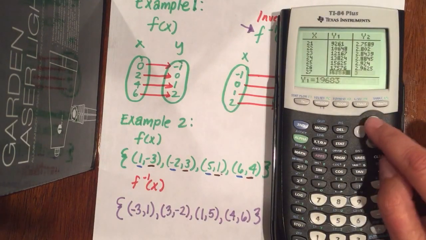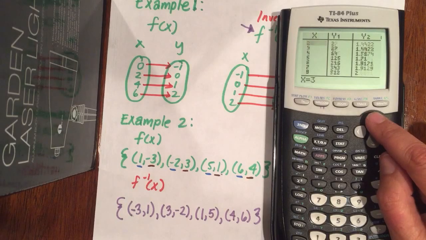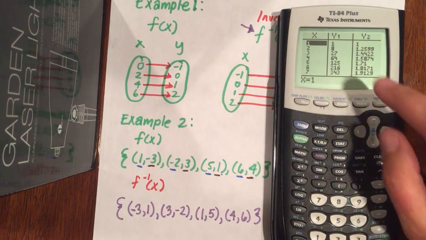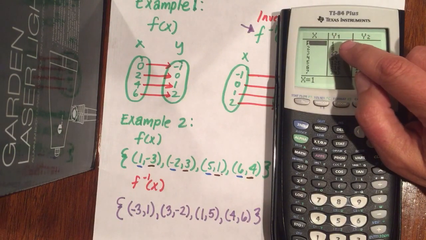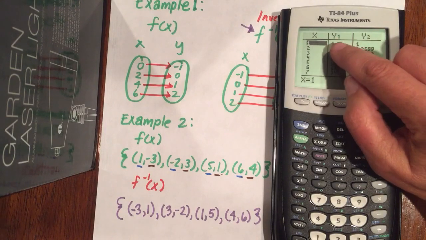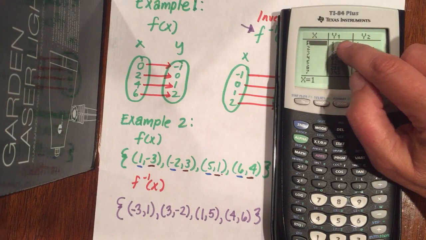If you look at the table, I'm going to go all the way up to the top. And let's start off with 1. Simple enough, right? Remember, y1 is your cubic, y2 is your cube root. So for y1, x is your domain, y1 is your range.